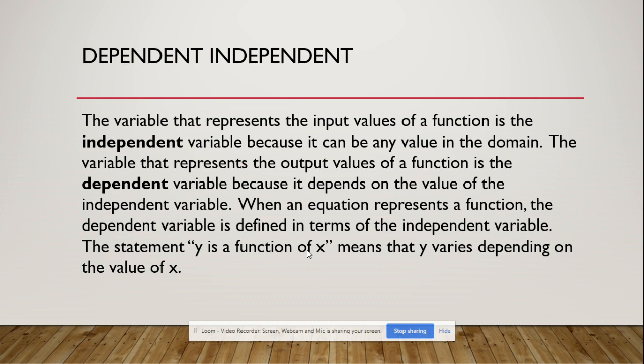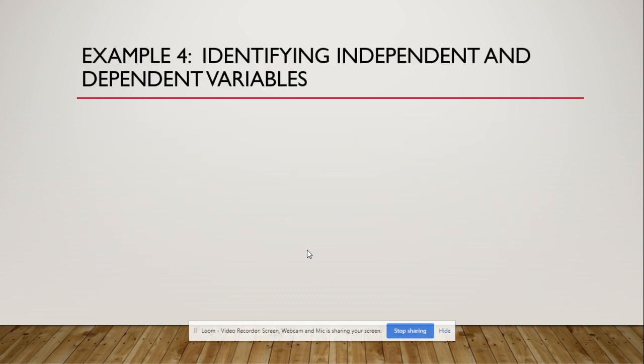So if you don't quite remember that, you could go back to that video and give it a quick look over. So the statement y is a function of x means that y varies depending on the value of x. Just like someone's income. If they worked more hours that week, then they will make more money. How much money they're making is varying depending upon whatever their input value of hours is.